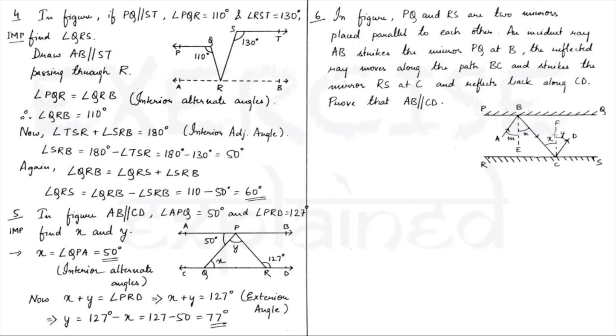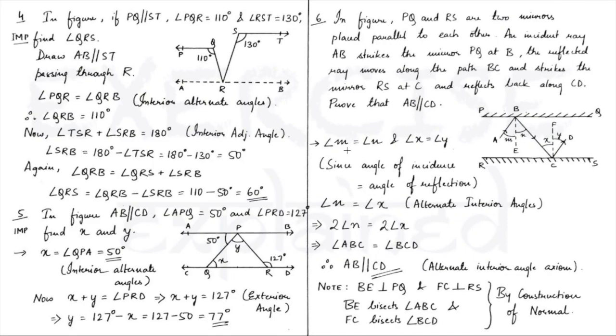Now since both of them are angular bisectors, I have written angle ABE as angle M and angle EBC as angle N. BCF is taken as angle X and FCD is taken as angle Y. Now, since these are bisectors, we can definitely tell angle M is equal to angle N and angle X is equal to angle Y, because a bisector divides an angle into two parts.